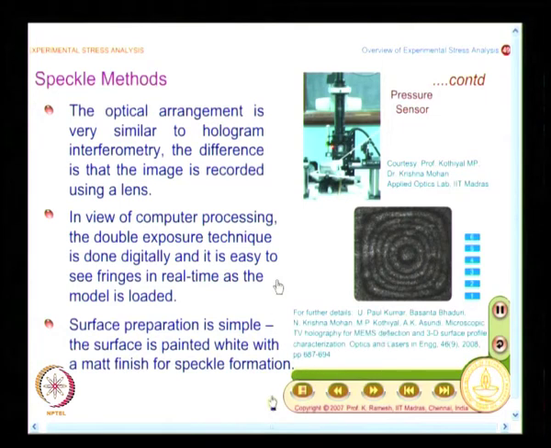When you want to paste a strain gauge, you have to have an elaborate preparation. Same is the case when I go for photoelastic coating application. Compared to these methods, surface preparation is simple. The surface is painted white with a matte finish for speckle formation.